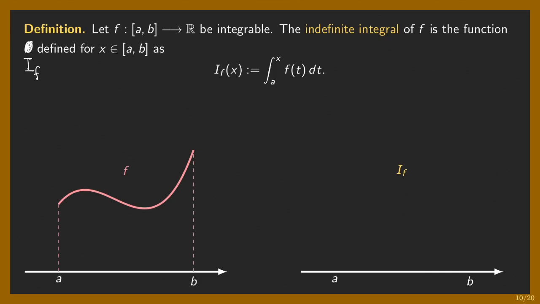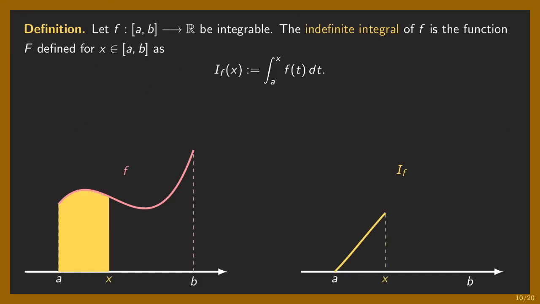So, looking at the picture, this is little f, and I will plot here the graph of If as x moves from a to b. Of course, if x is a, If of a is the integral from a to a, so that is going to be 0. So it starts at 0 here. But as x moves from a to b, this is what will happen.